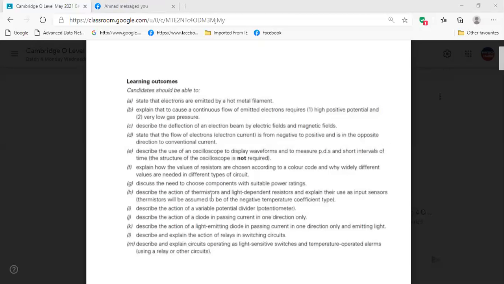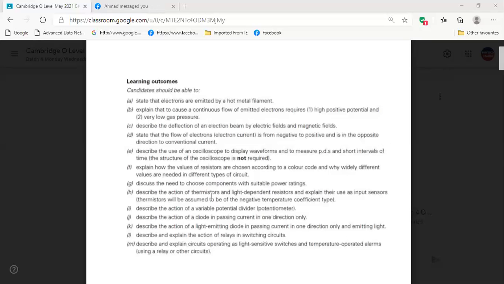There is a graph, and a circuit also, to understand how the diode is allowing the current and how it is opposing. It is allowing in one direction, that is called forward bias, and the direction which is not allowing is called reverse bias.